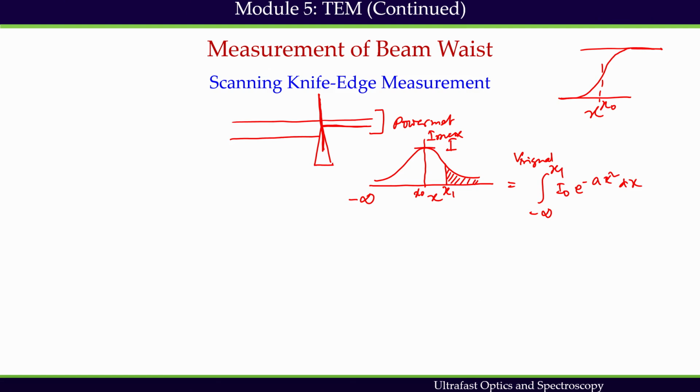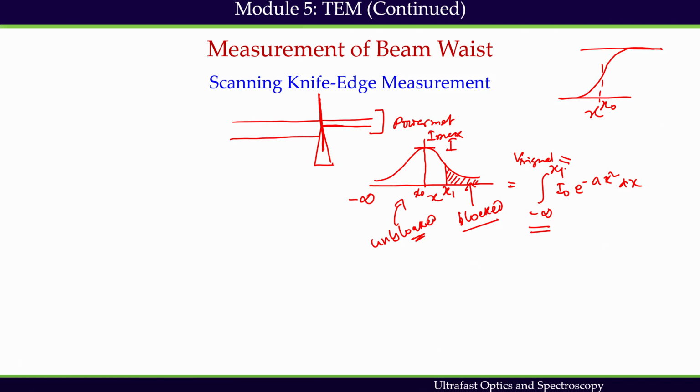This measurement estimates the area under the portion of the Gaussian beam which is not blocked yet. This shadow part is blocked and this part is unblocked, and with the power meter we are trying to find out the total energy, and that is why instead of taking the limit from minus infinity to plus infinity, we are taking the limit from minus infinity to the x1 point.